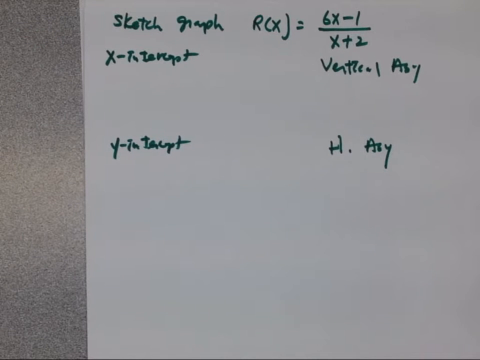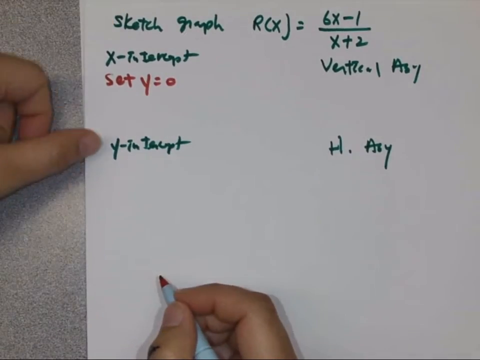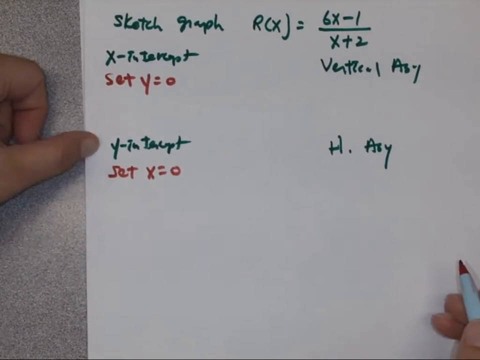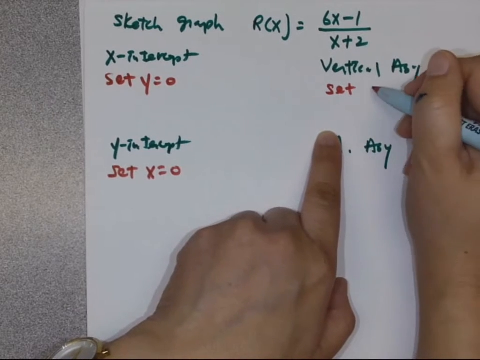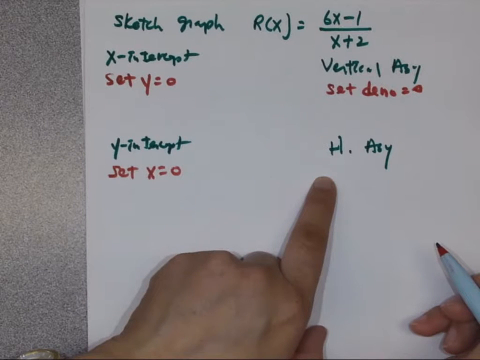So for x-intercept, we set y equal to 0. For y-intercept, we set x equal to 0. For vertical asymptote, we set denominator equal to 0. Very good. For horizontal asymptote, we do what?